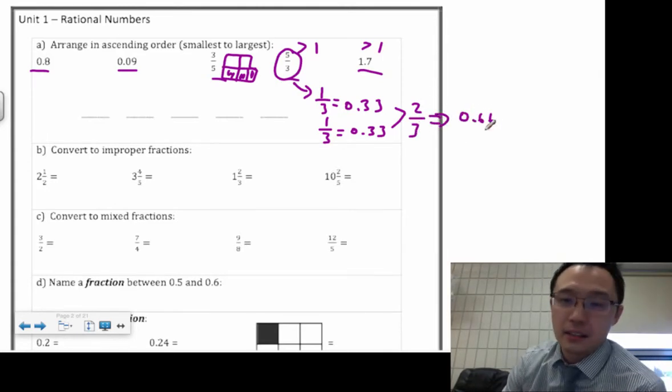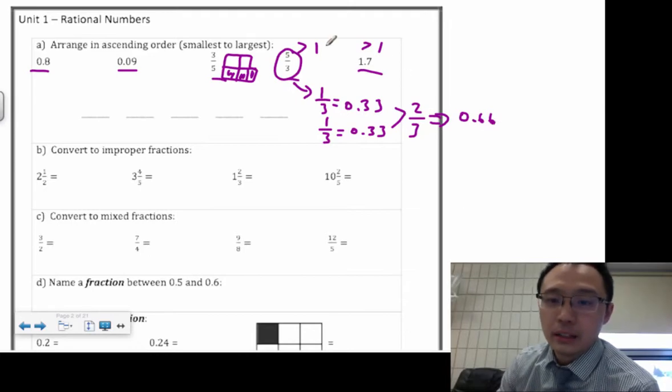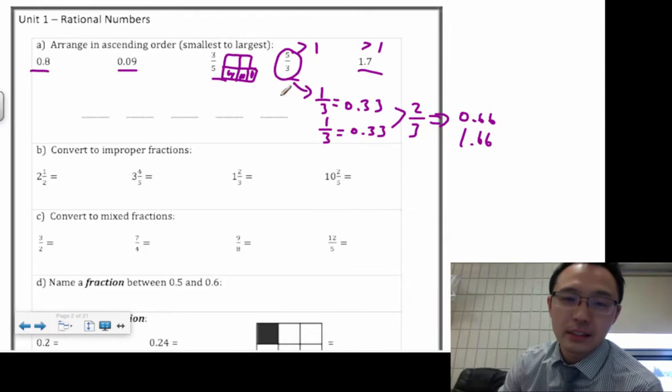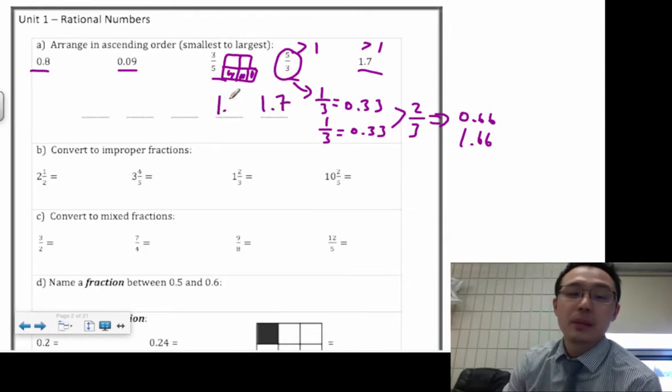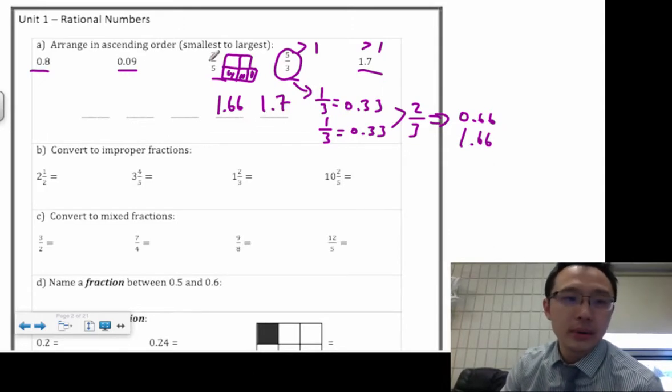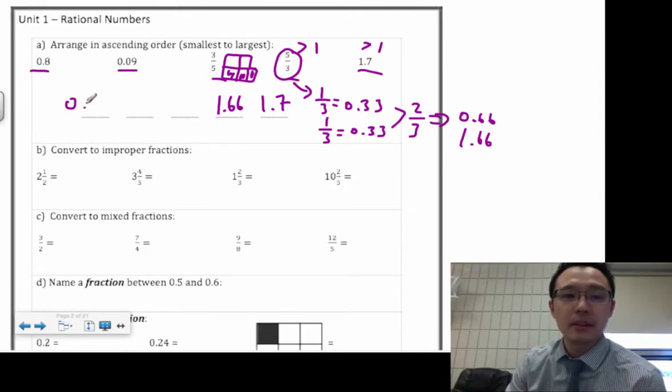With the 1, this gives me 1.66. That's less than 1.7, so I would say that 1.7 would be my biggest. 1.66 would be my next one. Which one would be the smallest one? Well, this is 0.8, this is 0.09. I would think 0.09 is the smallest one.